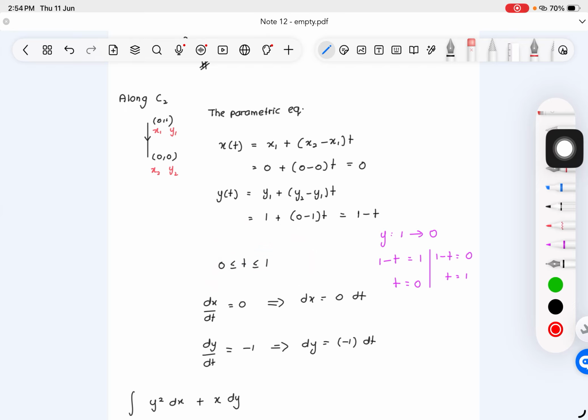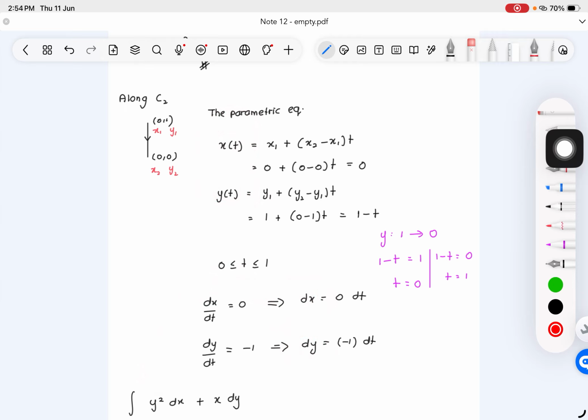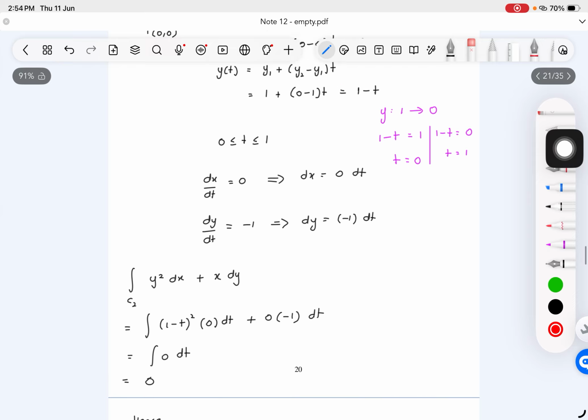After you obtain x(t), y(t), dx, and dy, you substitute everything inside the function. When you substitute into the line integral equation, you get the line integral for C2 equal to 0. Not done yet.